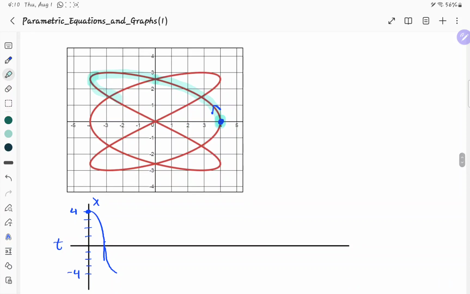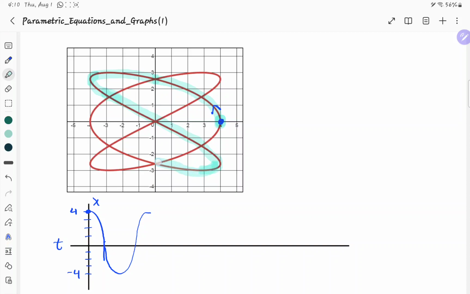This goes around from -4 up to 4, and then we'll draw that in down here. From -4, we went back up to 0, and then back up to 4. You can tell this is probably going to be some sort of cosine curve coming through here. Let's keep going.